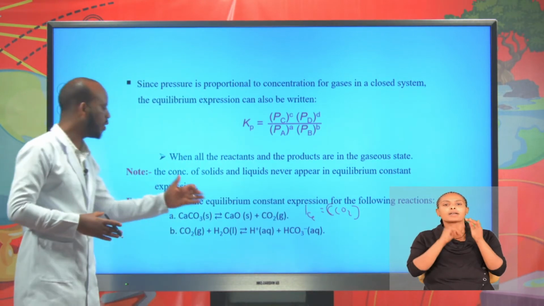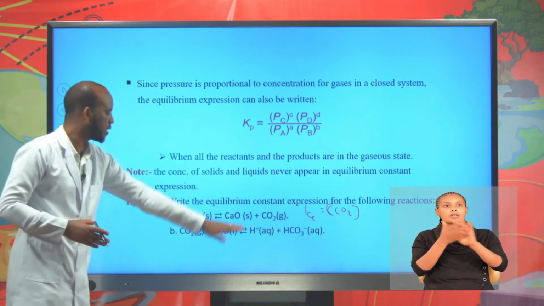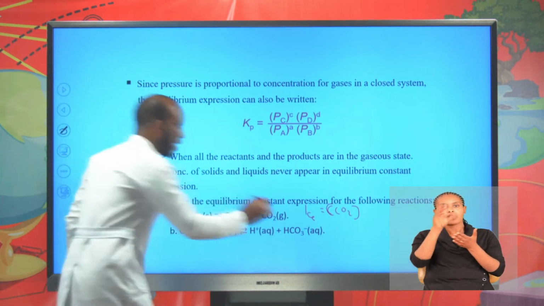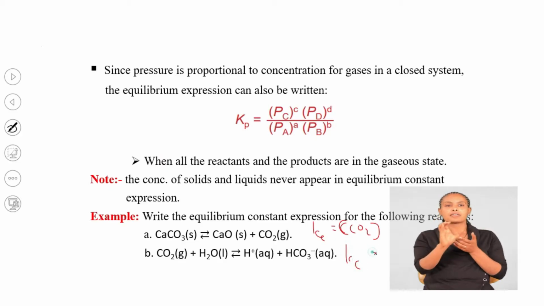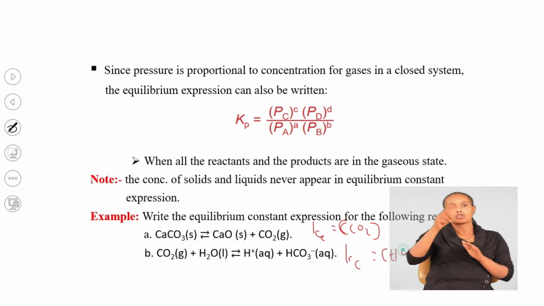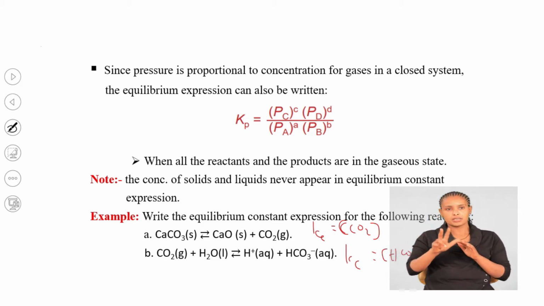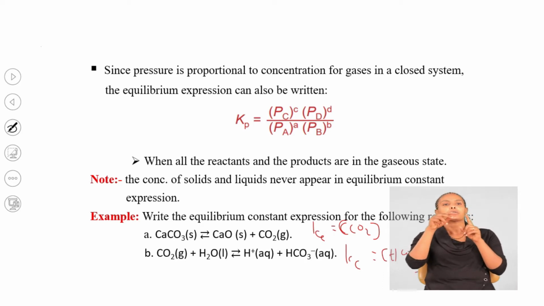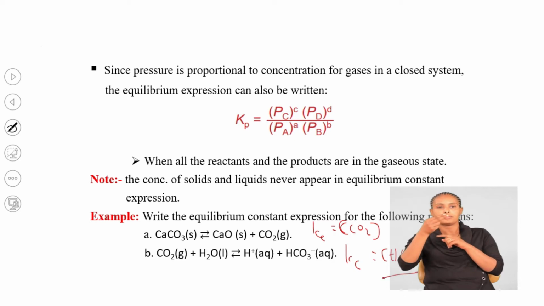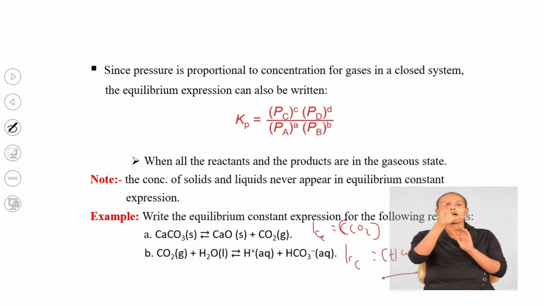What is the equilibrium constant expression for this reaction? Kc for this reaction equals the concentration of hydrogen carbonate, HCO3 minus, times the concentration of H plus, raised to its coefficient, which is 1, divided by the concentration of carbon dioxide, CO2.